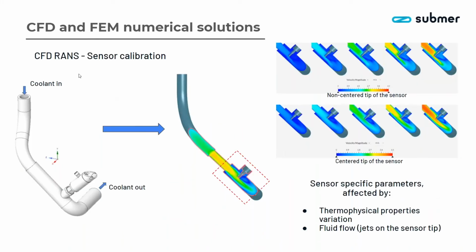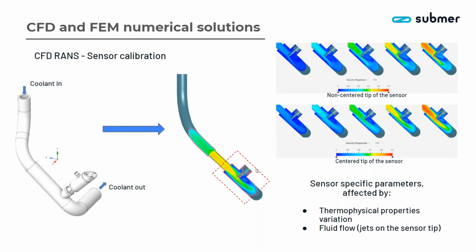So, for example, this is an example of a RANS simulation. It's been a sensor calibration. In our devices, we have plenty of sensors in order to make sure everything is going right, and it is very important to see if these sensors measure correctly.